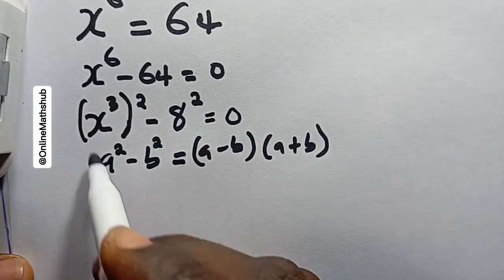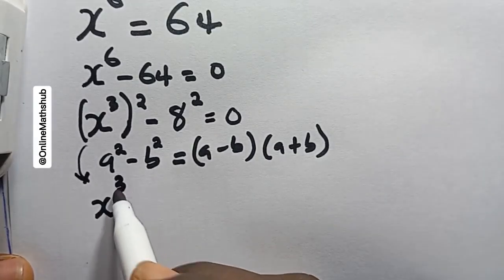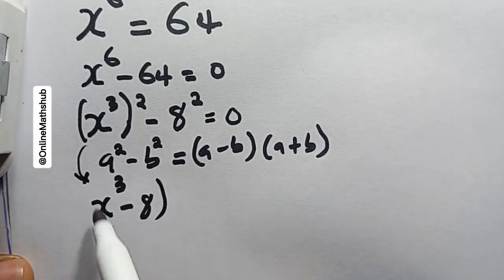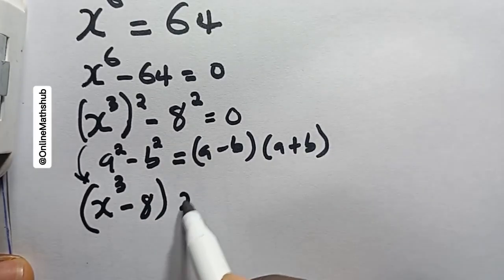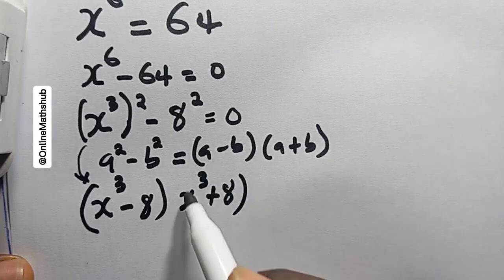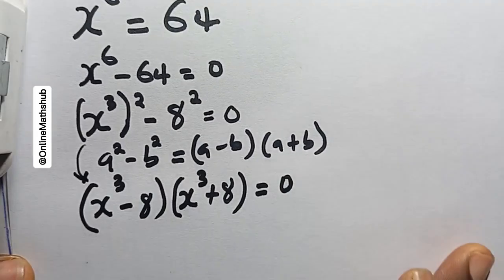Okay, so if I do that, this is going to change to x power 3 minus 8, and then multiply by x power 3 plus 8, is equal to 0.